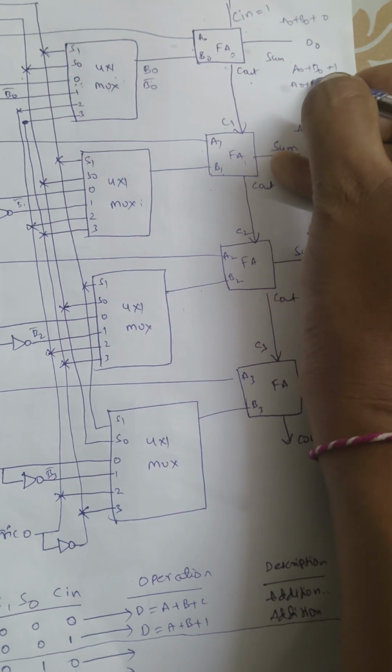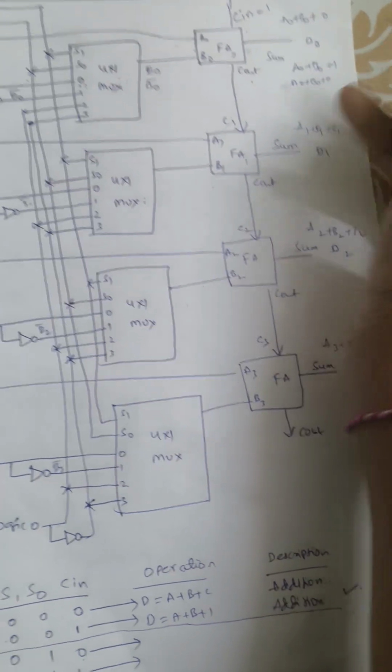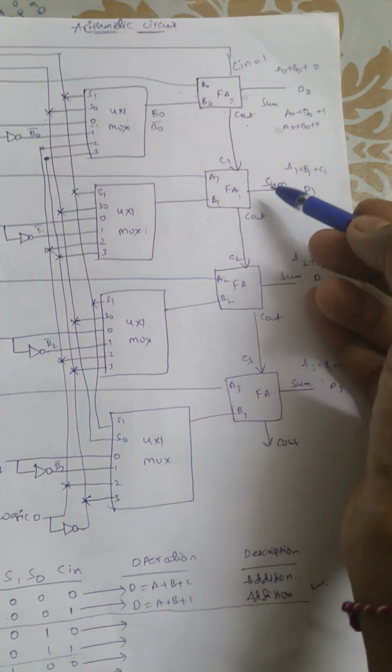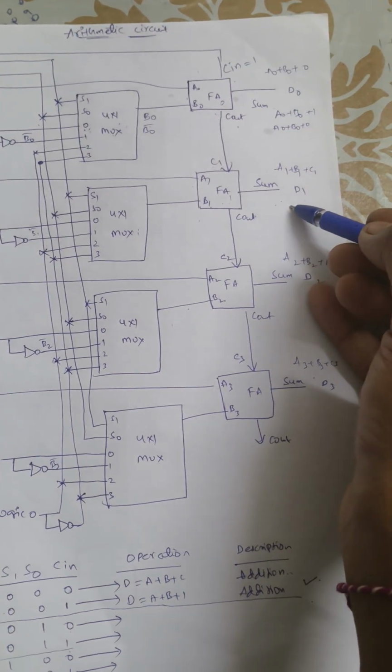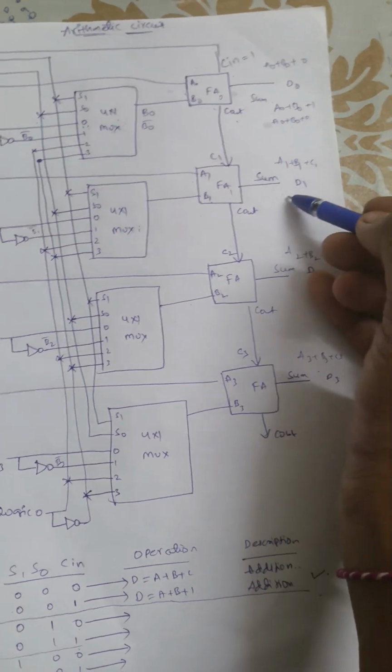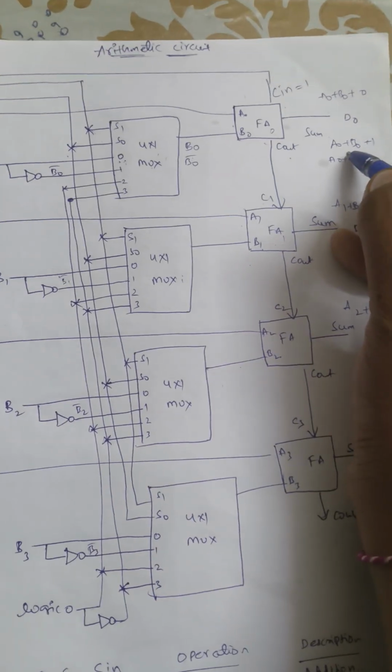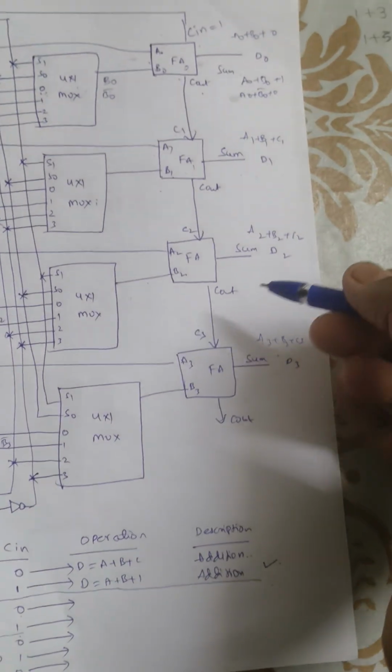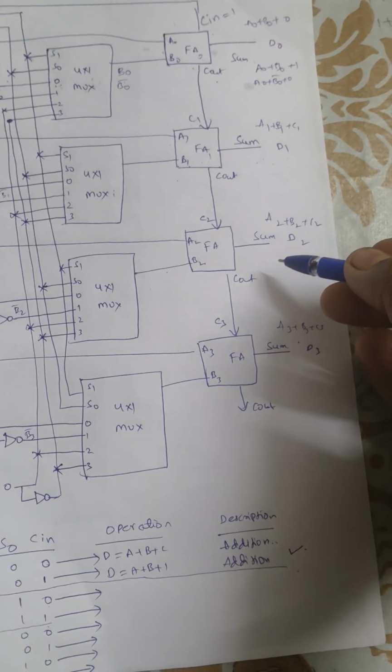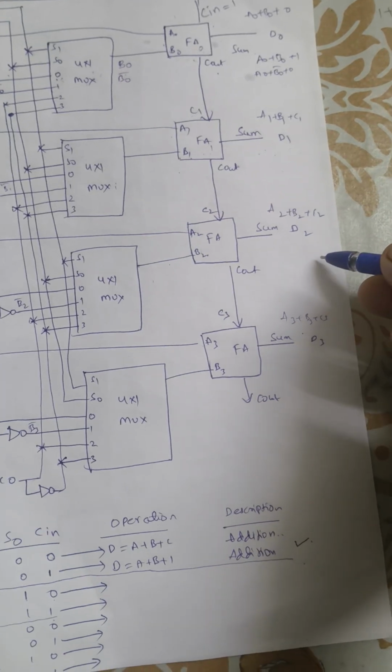So the final output is A0 plus B0 bar plus carry 0 here. Similarly A1 plus B1 bar plus carry. Similarly the D2 bit is A2 plus B2 bar plus carry.